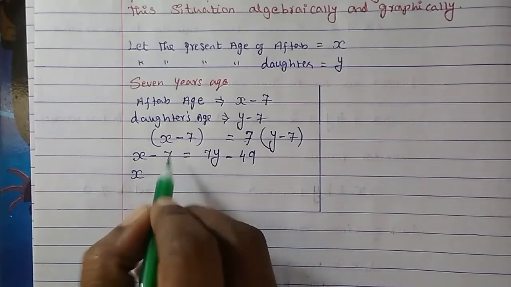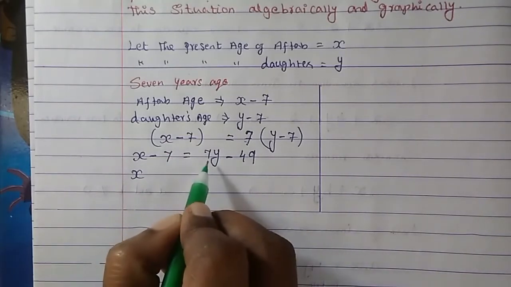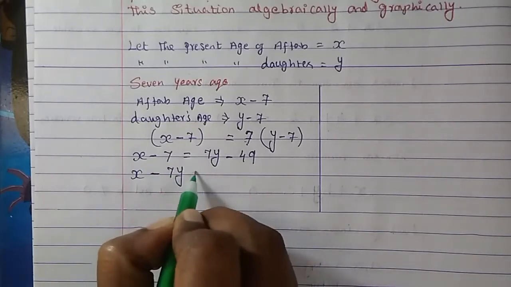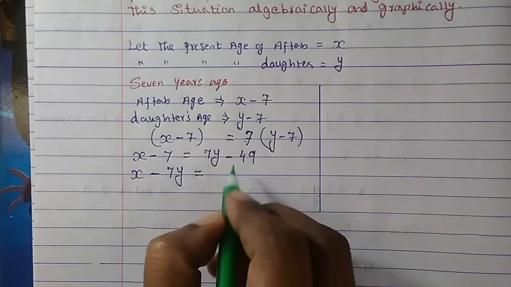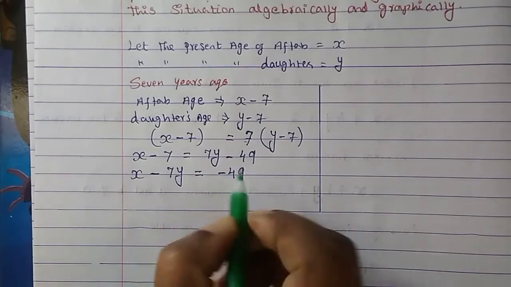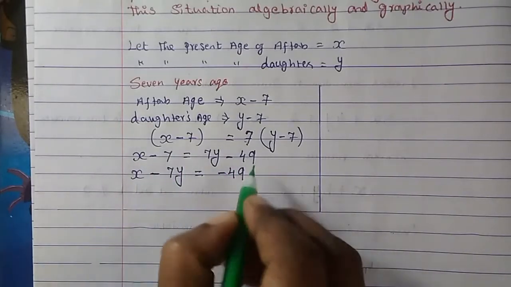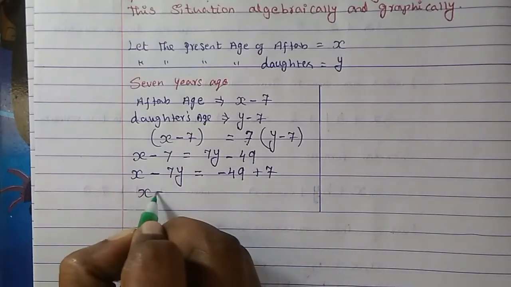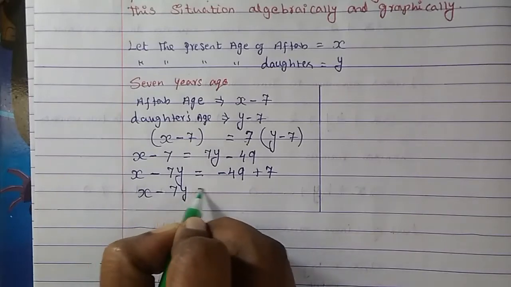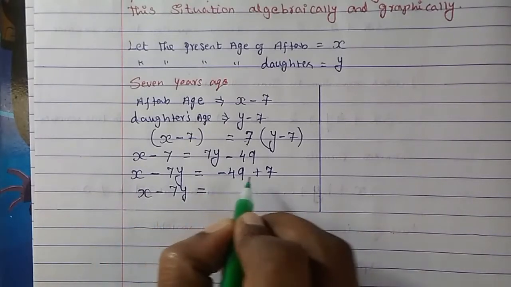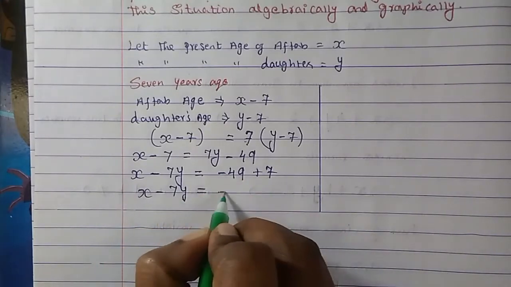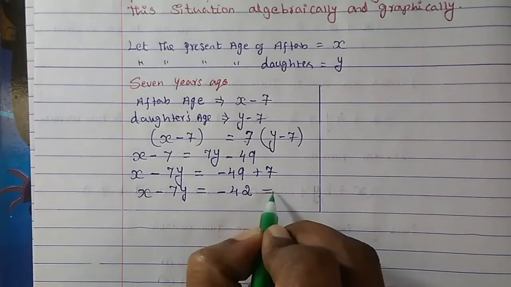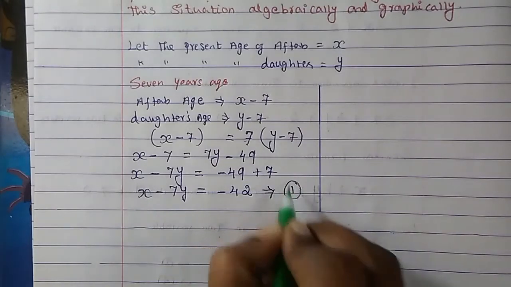Variable will come this side, the number will go to the other side. So this is in plus, when it comes here, it will become minus. Now we have here minus 49. This minus 7, when it comes this side, will become plus 7. So X minus 7Y equal to minus 49 plus 7 will give us minus 42. So this is equation 1.